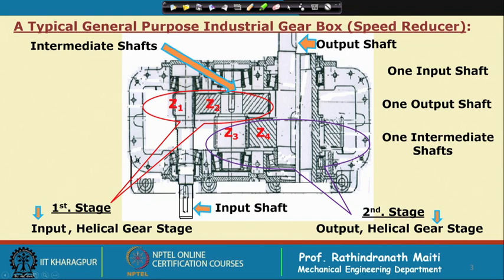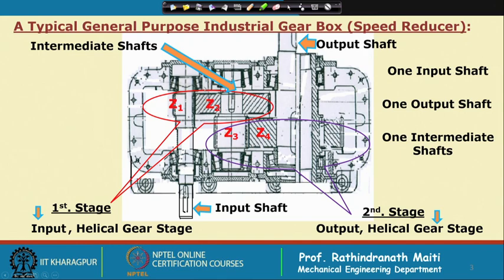So, in the process of designing this gear unit, we shall learn how to design the gears, then we will consider the shaft. In fact, the shaft cannot be rigorously designed, rather the size of the shaft will be dictated depending on what the bearing will be.